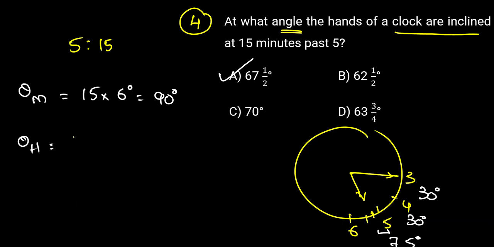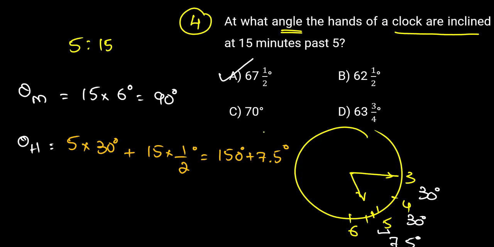So each hour is 30 degrees, each minute is half a degree. So 150 plus 7.5. Now if you take the difference between these two, 150 and 90, the hour hand is 157.5.